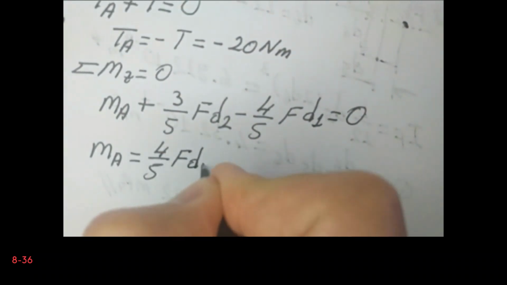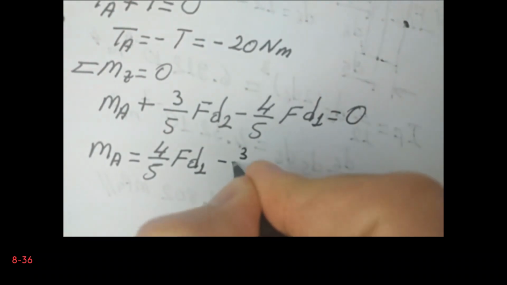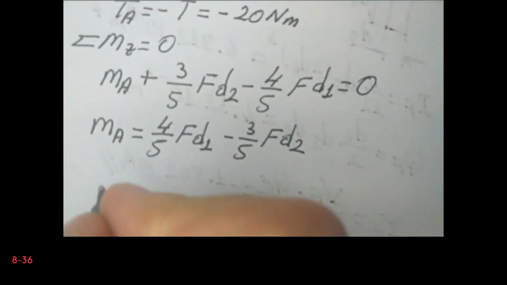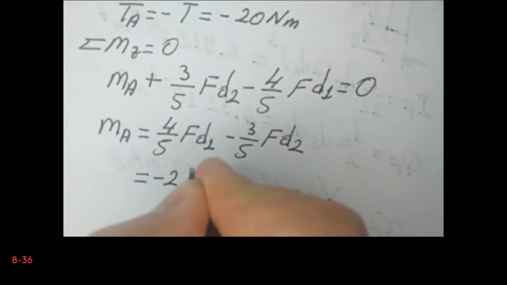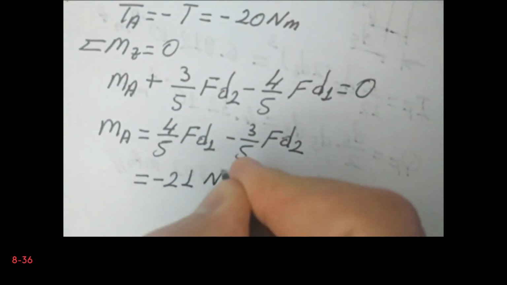MA is equal to 4/5 F multiplied by d1 minus 3/5 F multiplied by d2. So the bending moment is minus 21 Newton meters.